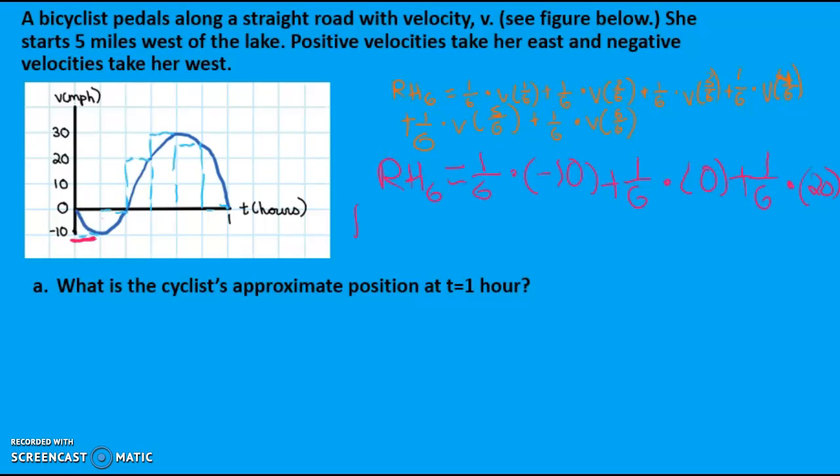Plus 1/6 times v of 4/6, sorry about that, which is going to be 30, plus 1/6 times v of 5/6, which is approximately 25, plus 1/6 times the height at t equals 1, which is once again 0 because it is on the x-axis.